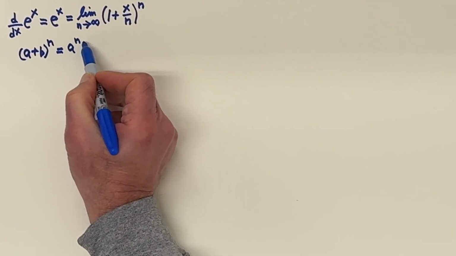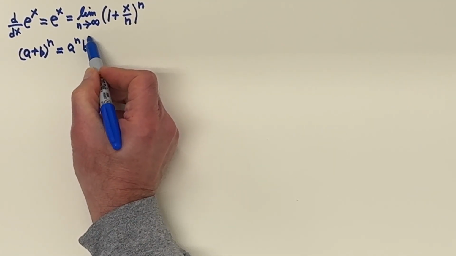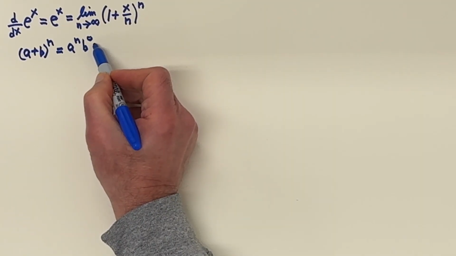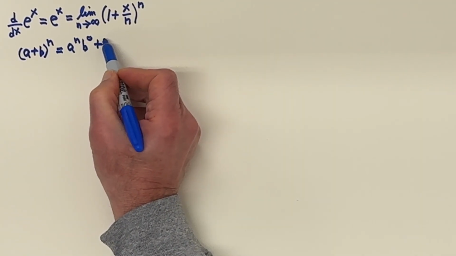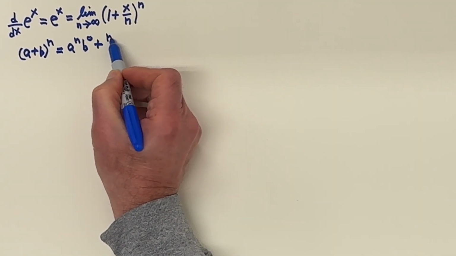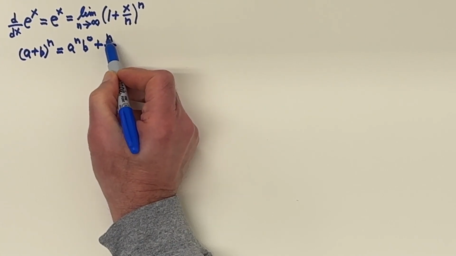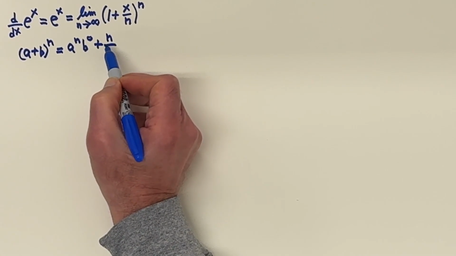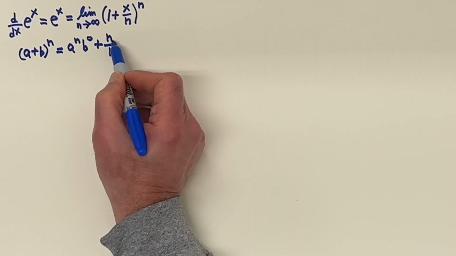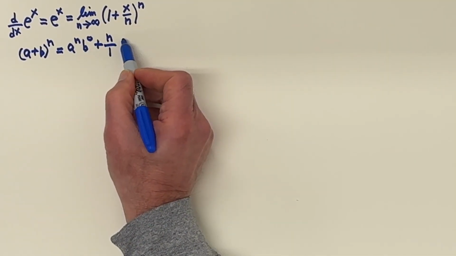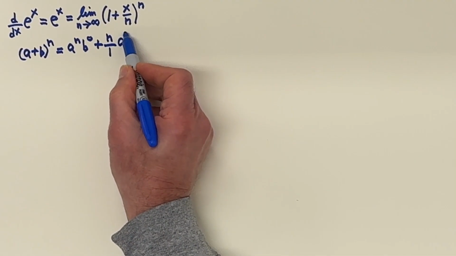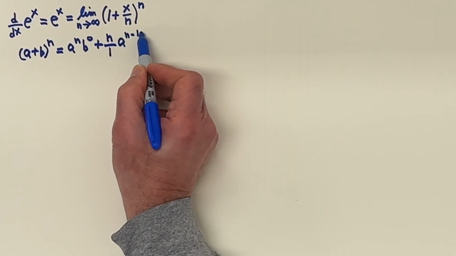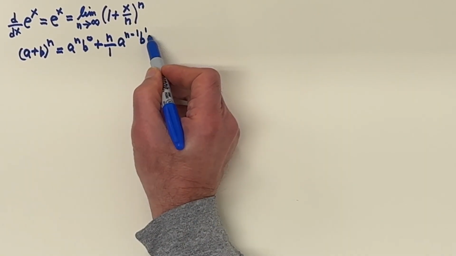a to the n, b to the 0th power, and then we had here n over 1. I started at the end, and I start at the beginning, and just have one factor in each case for the first term. This is the 0th term. And then this is a to the n minus 1, and this is b to the 1.